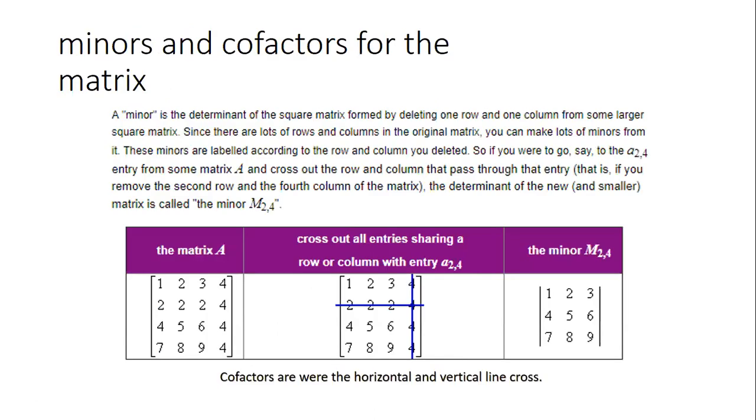Okay. Now, what happens if it's a bigger matrix? Well, you have to use your minors and your cofactors. A minor is the determinant of a square matrix formed by deleting 1 row and 1 column from some larger square matrix. For example, I have a 4 by 4 square matrix here, and I want to find the minor or the cofactor for 2, 4.